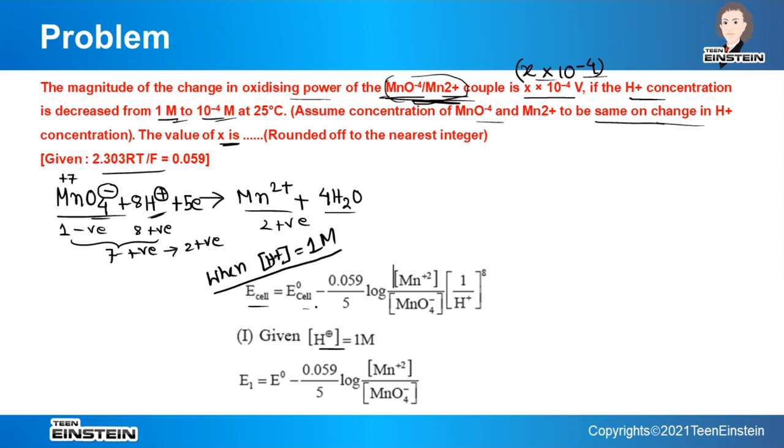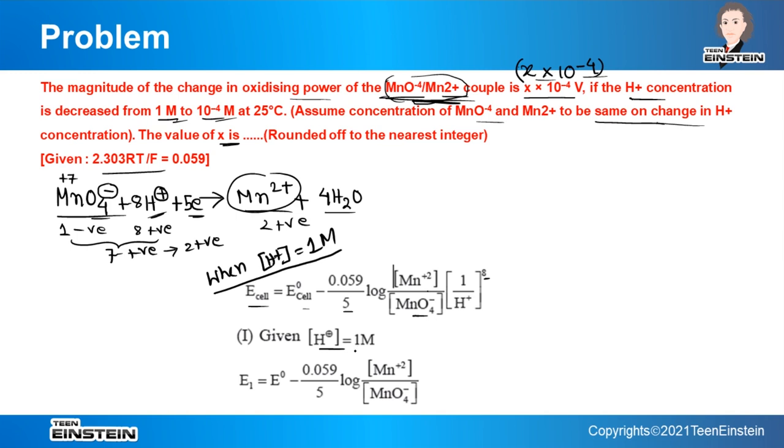E naught cell minus 0.059, total number of electrons involved 5. So see, this is not a redox reaction, it is only one system. Okay, that is as if it is a half reaction. And in the product side we have Mn2 plus and H2O, so only this will be considered. And in the reactant side there is H plus to the power 8, which is written here, and concentration of MnO4 minus.